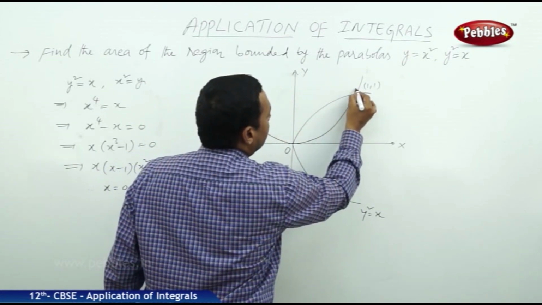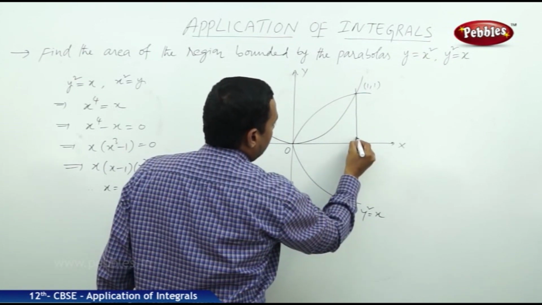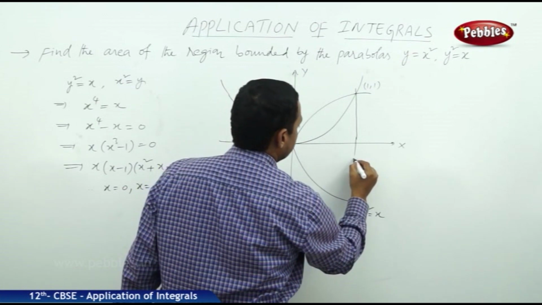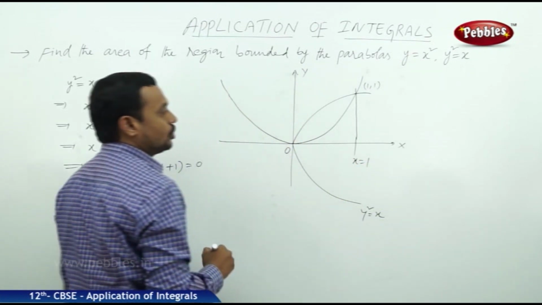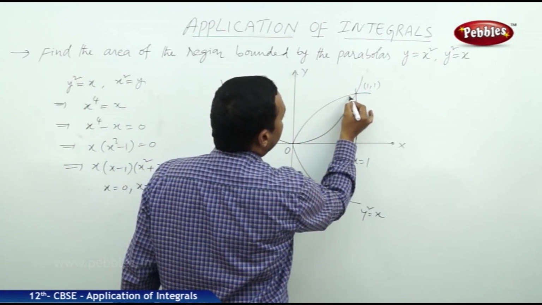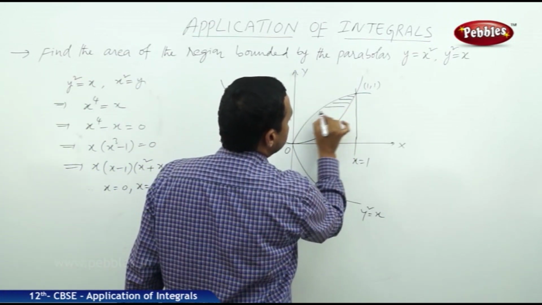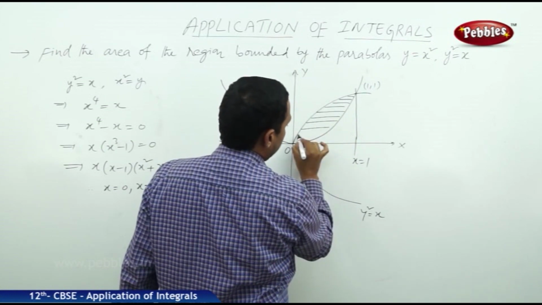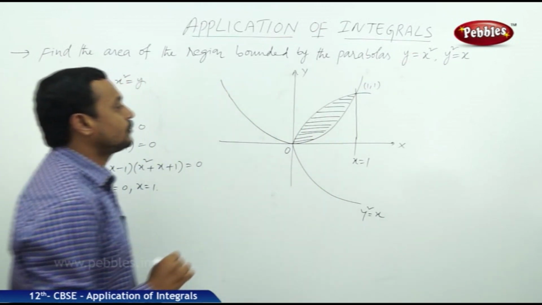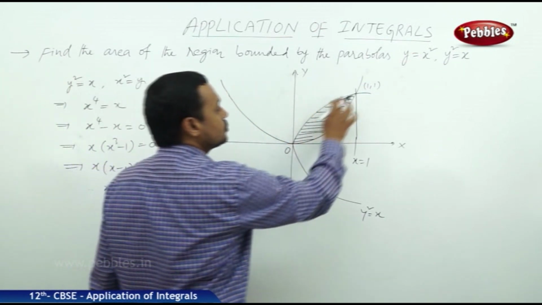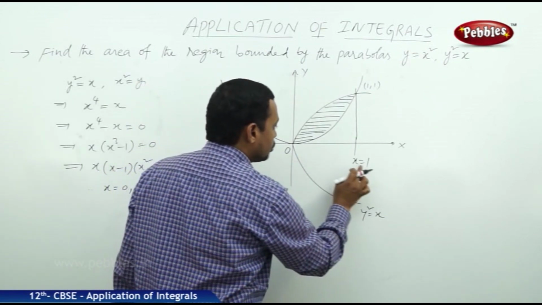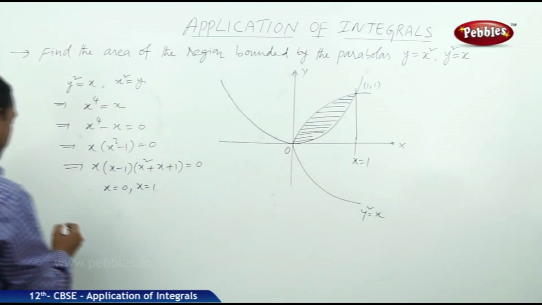Now let us take a straight line passing through (1, 1) parallel to the y-axis. This is x = 1. By this graph, the area bounded by the two curves is this one. This shaded part is the area of the region bounded by the two curves, defined by the ordinates x = 0 and x = 1.